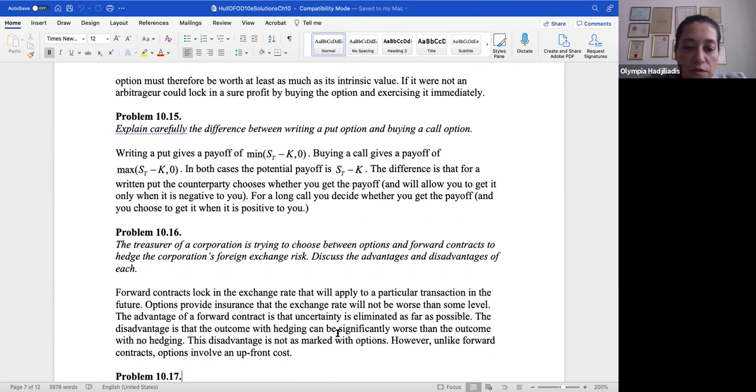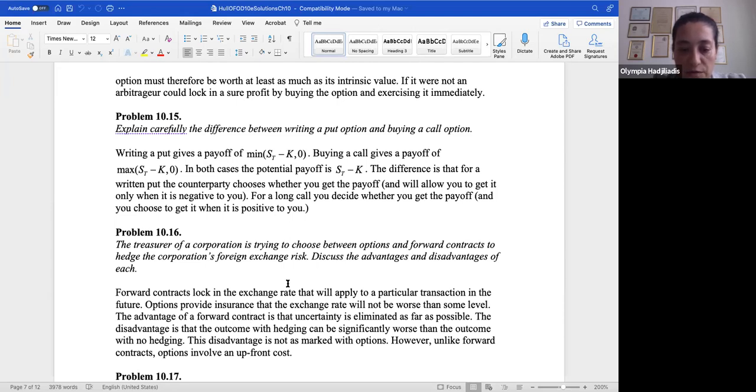The treasurer of a corporation is trying to choose between options and forward contracts to hedge the corporation's foreign exchange risk. Discuss the advantages and disadvantages of each. Forward contracts lock in the exchange rate that will apply to a particular transaction in the future. Options provide insurance that the exchange rate will not be worse than some level.